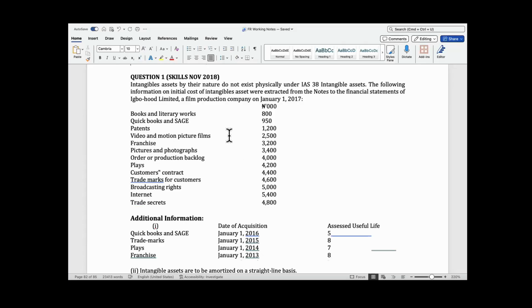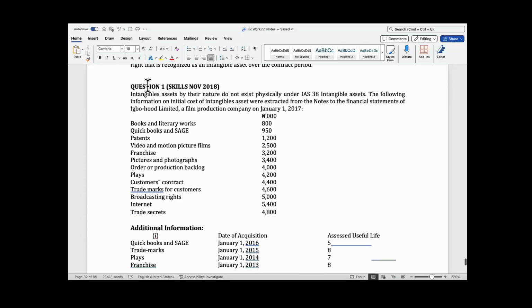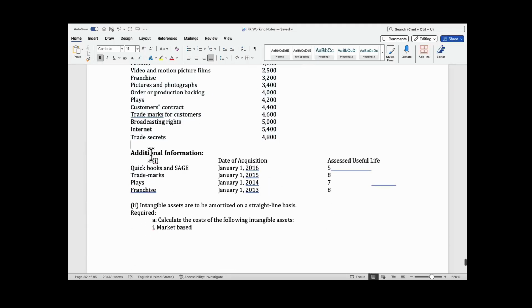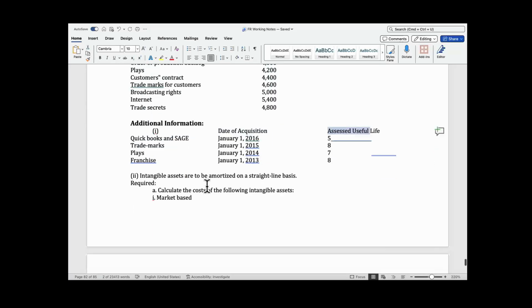So let's solve this question. This is a very straightforward one. It says intangible assets by their nature do not exist physically under IAS 38. The following information on initial cost of intangible assets were extracted from the notes to the financial statement of Igbowood, a film production company, on January 1st, 2017. They give us additional information on some of them: their date of acquisition and assessed useful life.